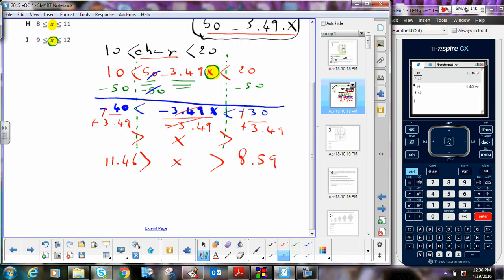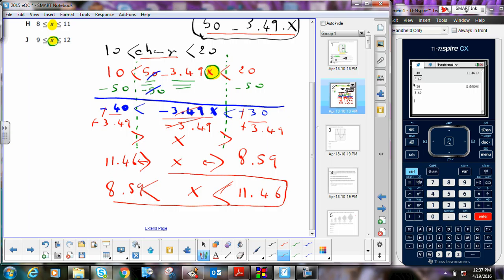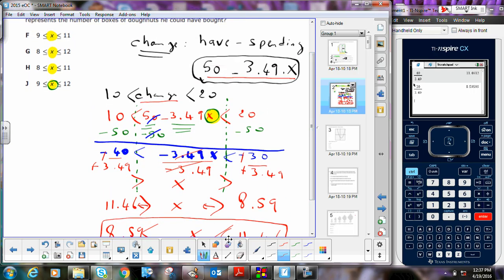We know the inequality facing this way, or we can flip it all to face this way. It's the same. So you see the x is still less than 11.46 and the x is more than 8.59. You see what I did? I flip it all in one direction because I want to match my answer choices.